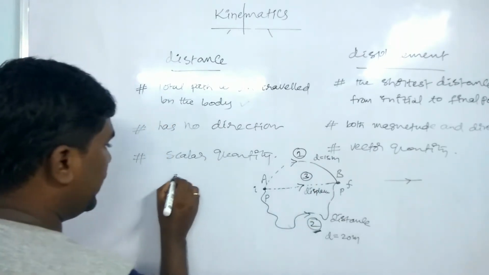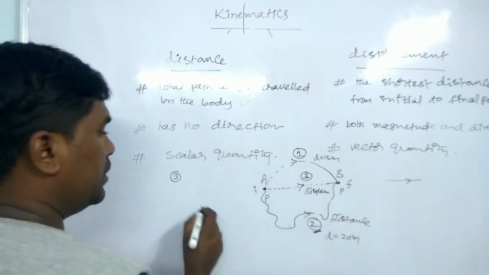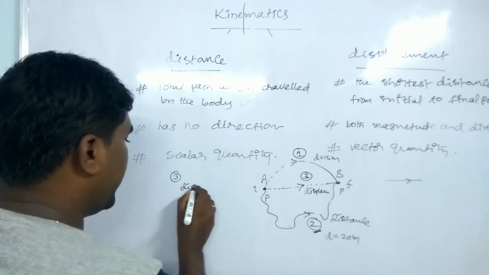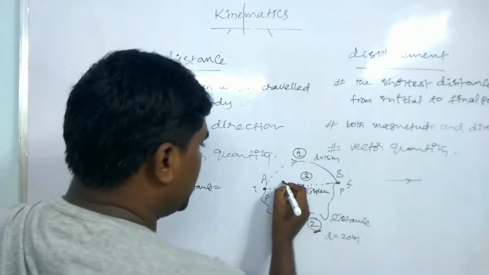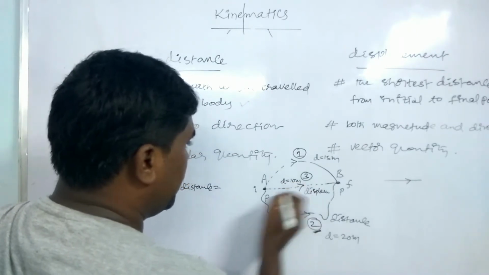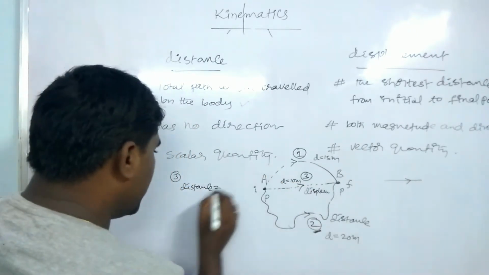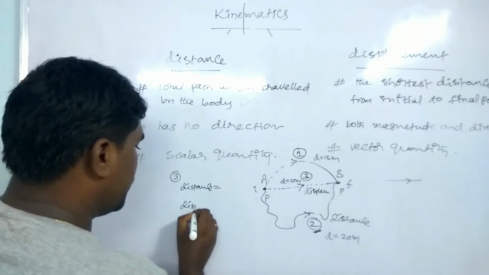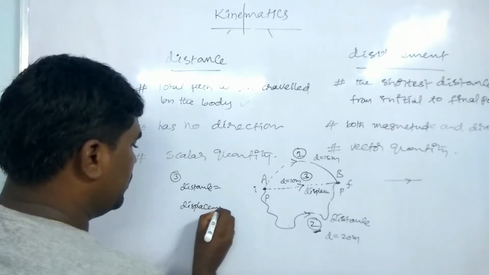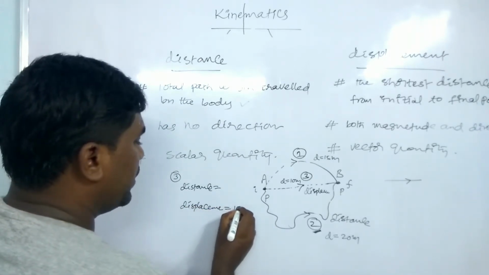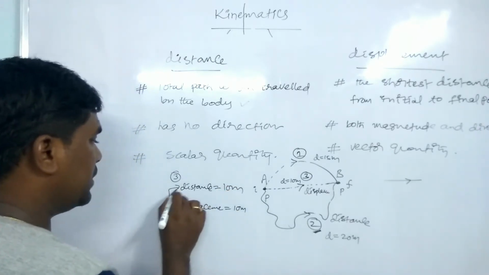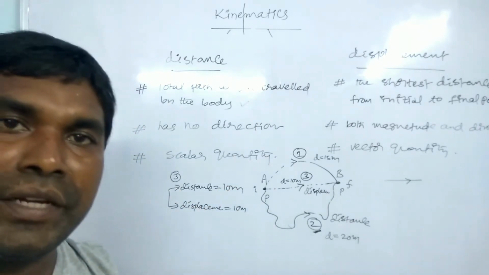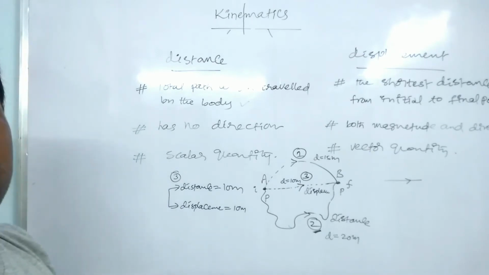Specifically in the third path, what is the distance of the body? For example, distance d is equal to 10 meters, let it be. And the displacement is also equal to how much? 10 meters, no doubt. Here in the third case, the distance and displacement are both equal.